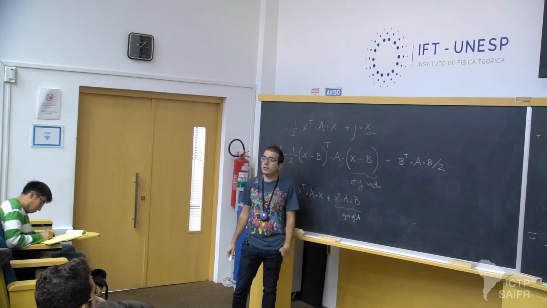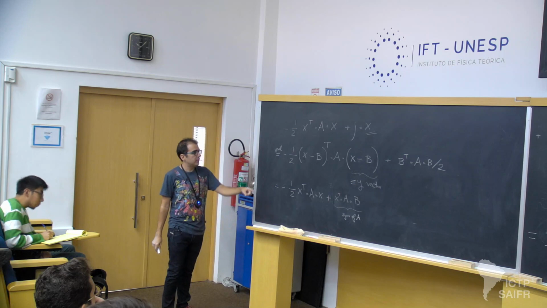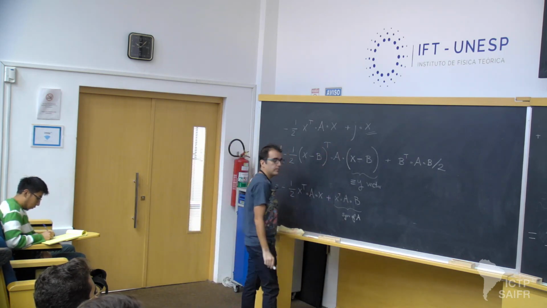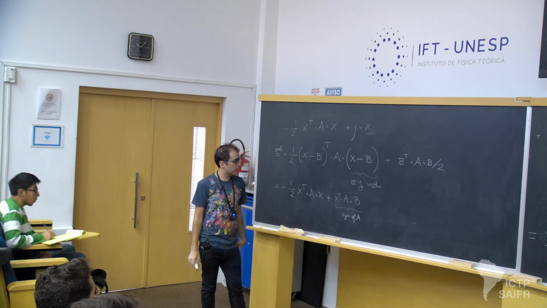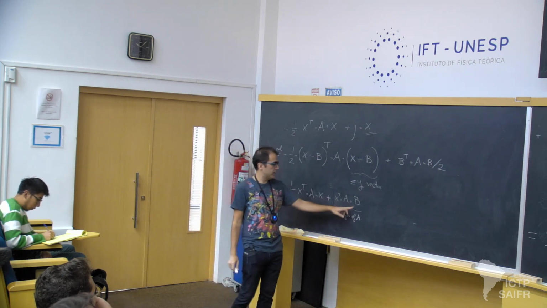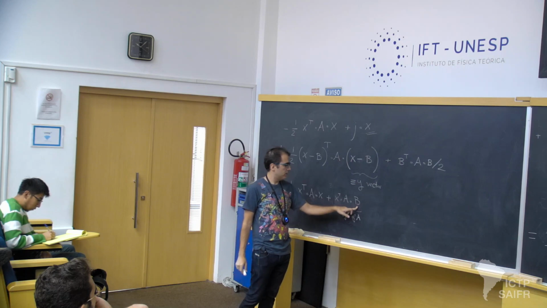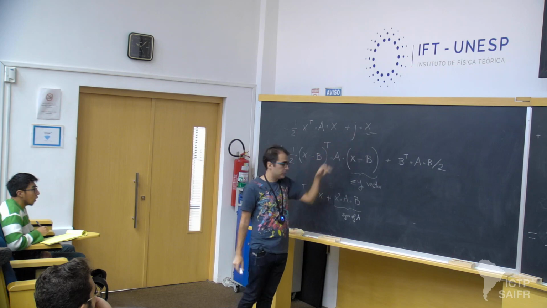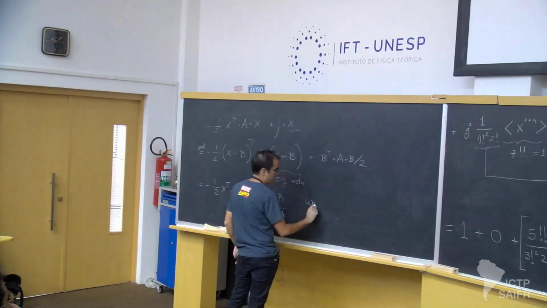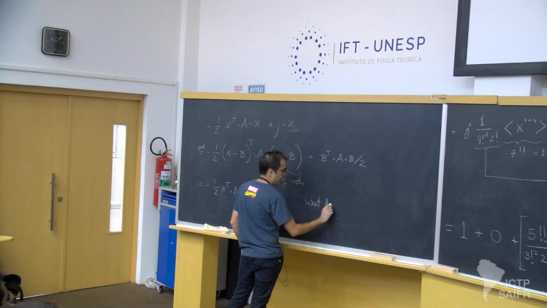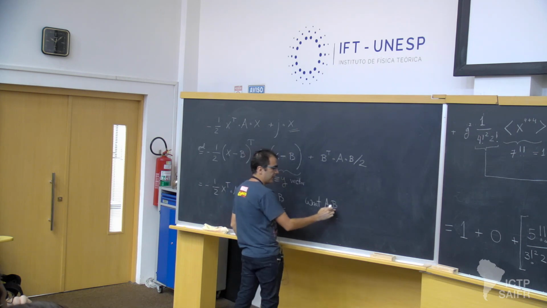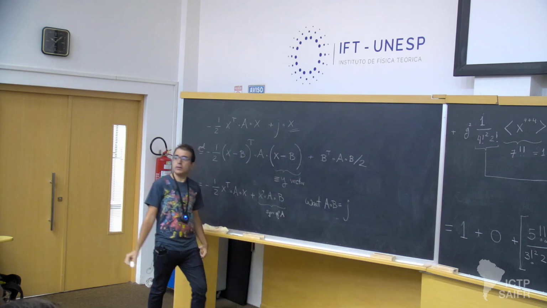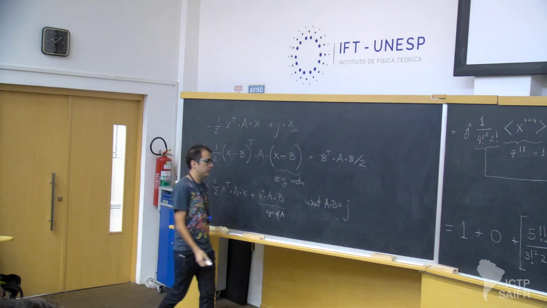So what should be in order for this to agree with this expression? What do I want? I want matrix A times vector b to be vector J. So it's easy.